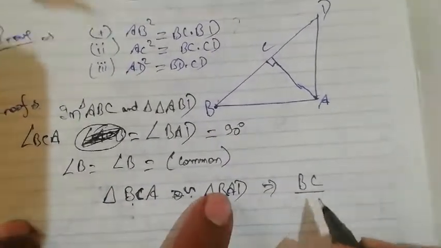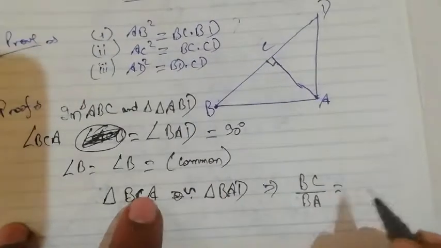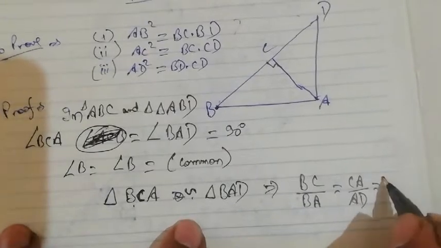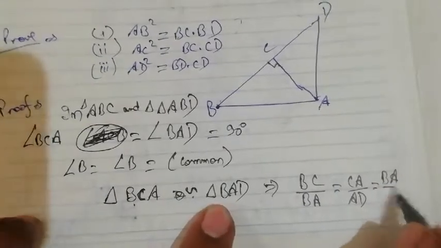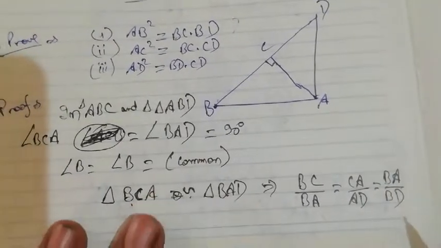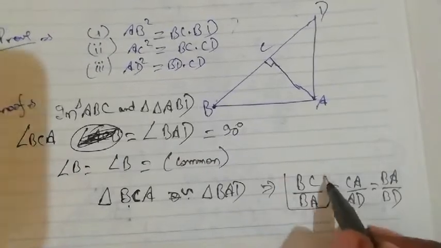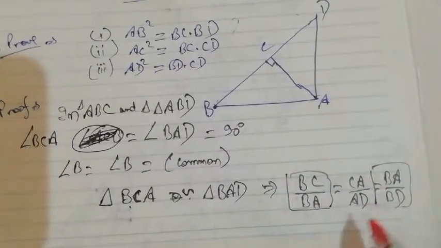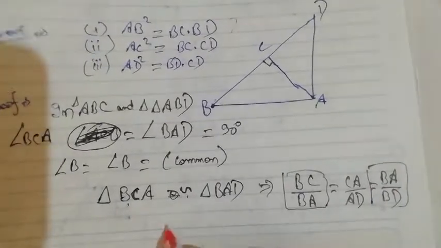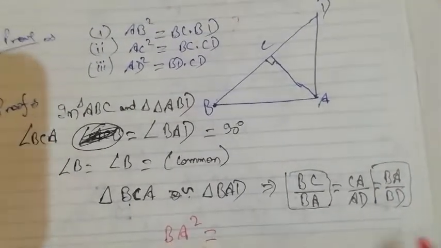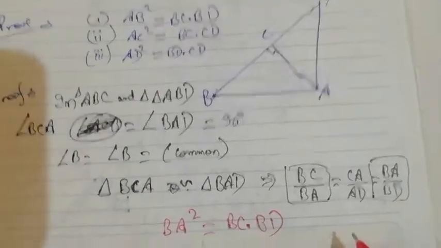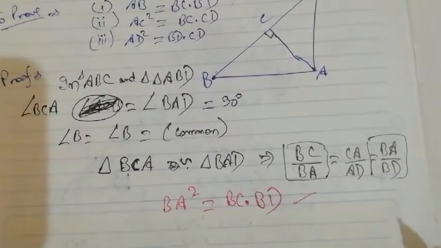BC upon BA is equal to CA upon AD is equal to BA upon BD. Now we will take these two as common, so from here we have BA square is equal to BC into BD. And this is what we have to prove.